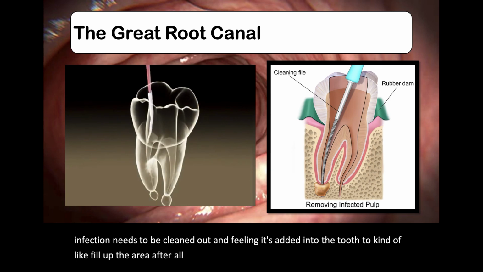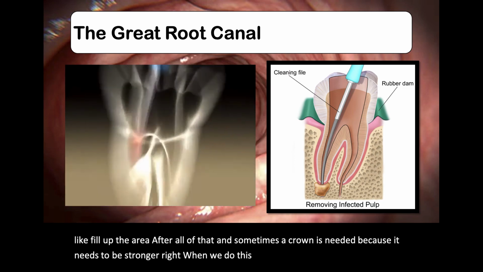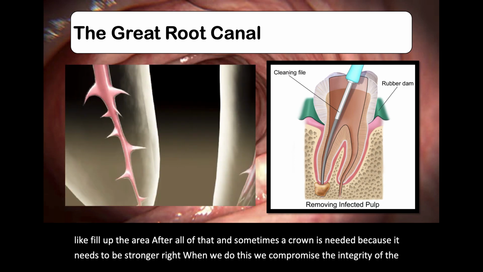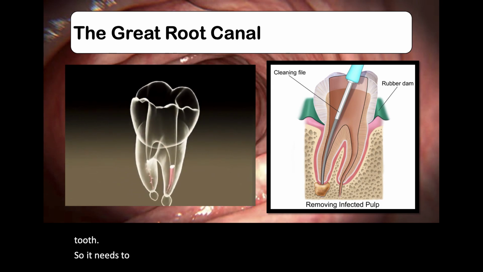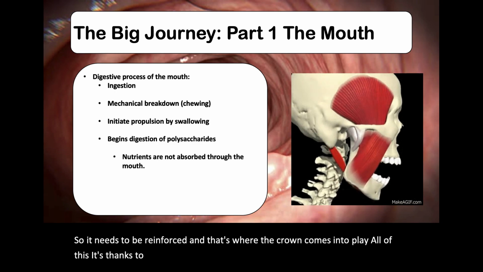And sometimes a crown is needed because it needs to be stronger, right? When we do this, we compromise the integrity of the tooth, so it needs to be reinforced, and that's where the crown comes into play. All of this is thanks to bacterial infection, once again.